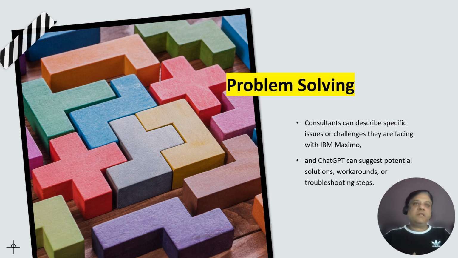For example, if you're getting some error in IBM Maximo, you just put that error in and ask ChatGPT, please give me the details of this error and why this error number is occurring, and you will see that it will give you all the details of that specific error, and it will give you the steps that will help you in troubleshooting.